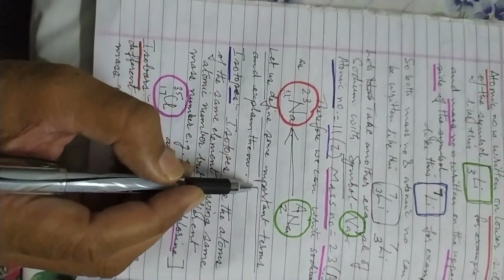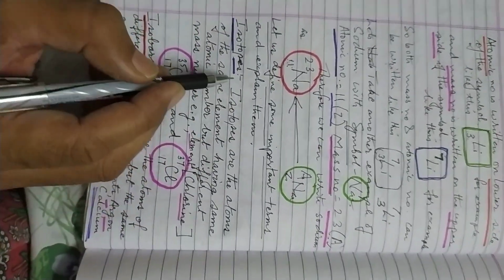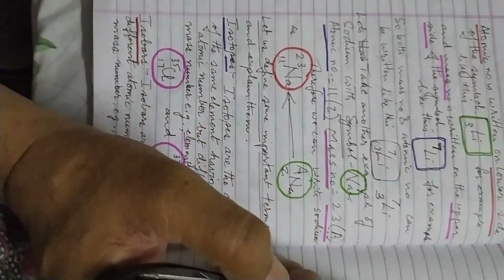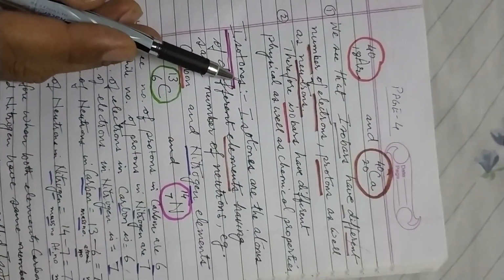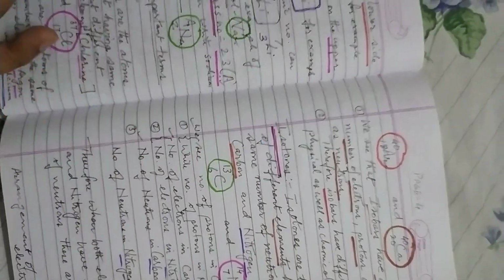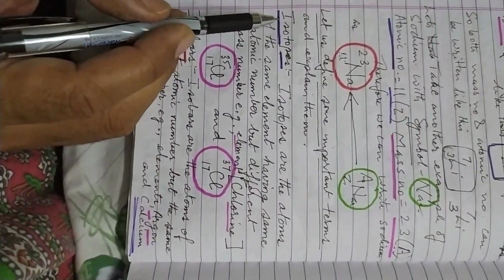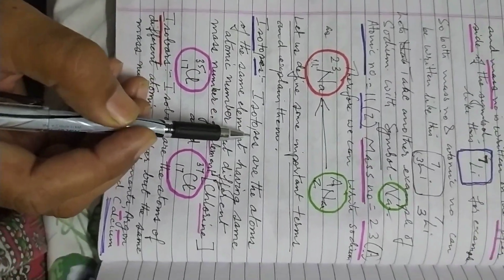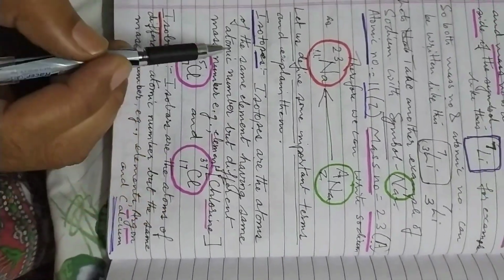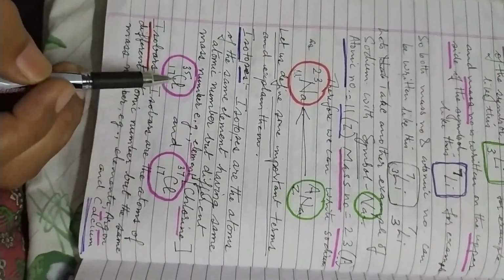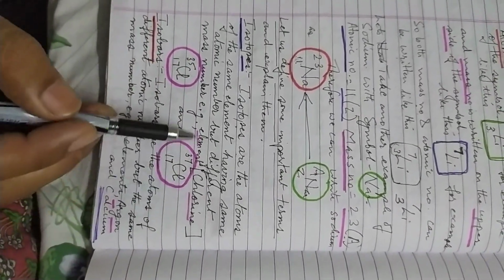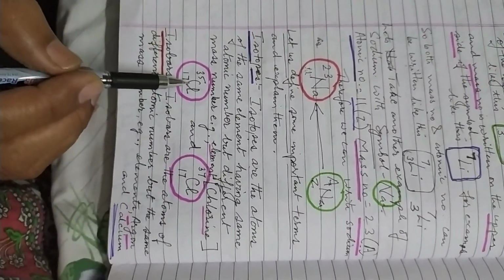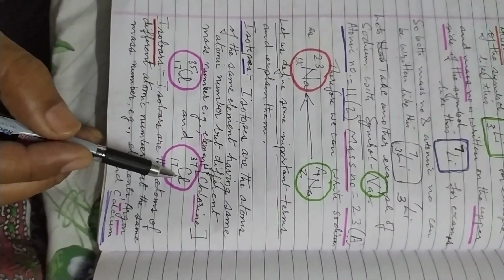Let us define some important terms one by one. We will be looking at the terms isotopes, isobars, and isotones. The first one is isotopes. Isotopes are the atoms of the same element. We see here the chlorine element. So these are the symbols of the same element, chlorine.